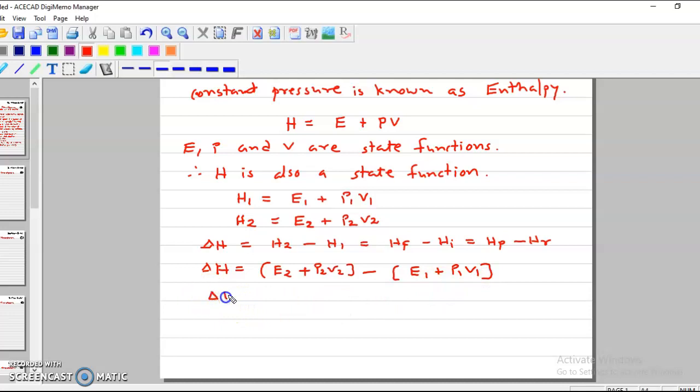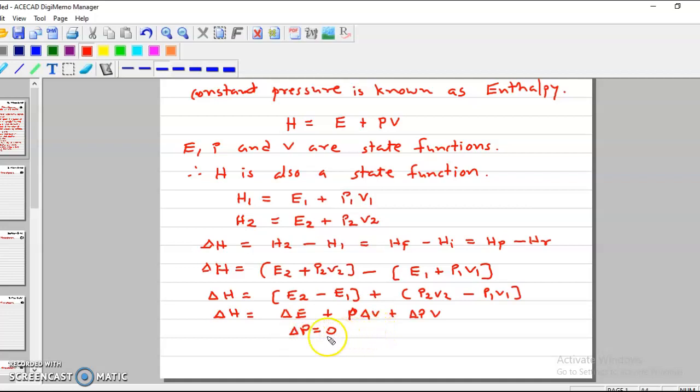So delta H is equal to E2 minus E1 plus P2 V2 minus P1 V1. So delta H is equal to delta E plus P delta V plus delta P into V. But delta P is 0 because this occurs at constant pressure.